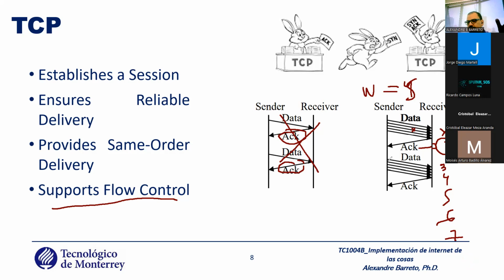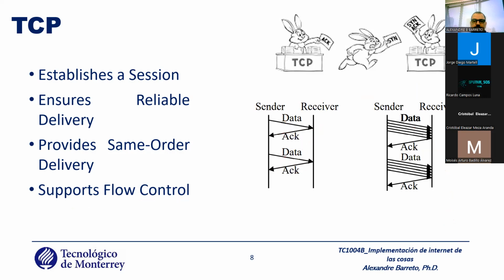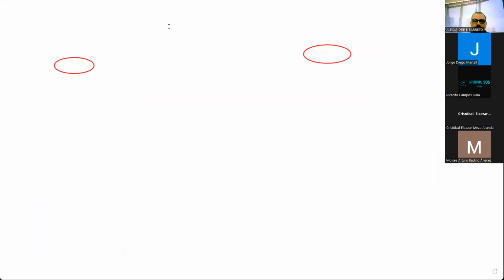Did you understand? Yes or no? No. Okay, I repeat. The window is, for example, 4, okay?